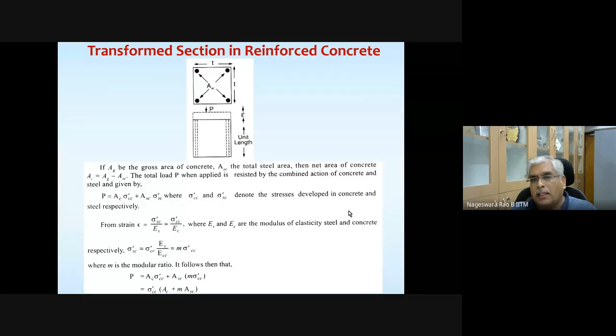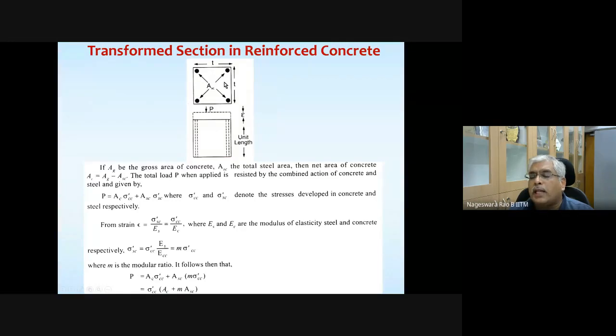Okay, so we just understood the concept of the transformed section. Now take this example, shown in the figure. This is a section of a column. It is a square column, T by T, where T is this dimension.